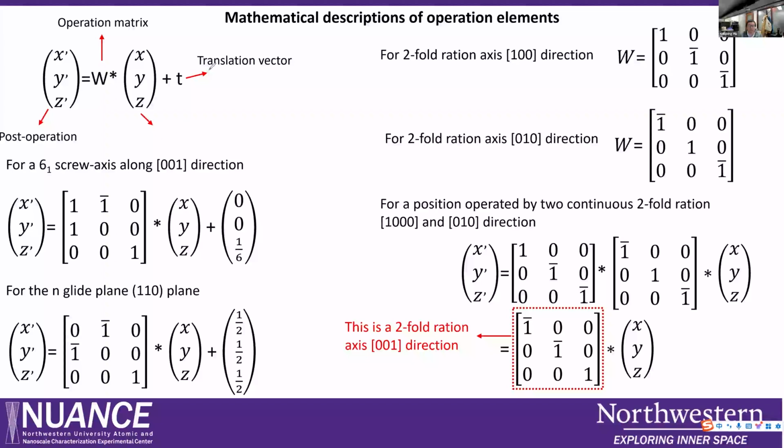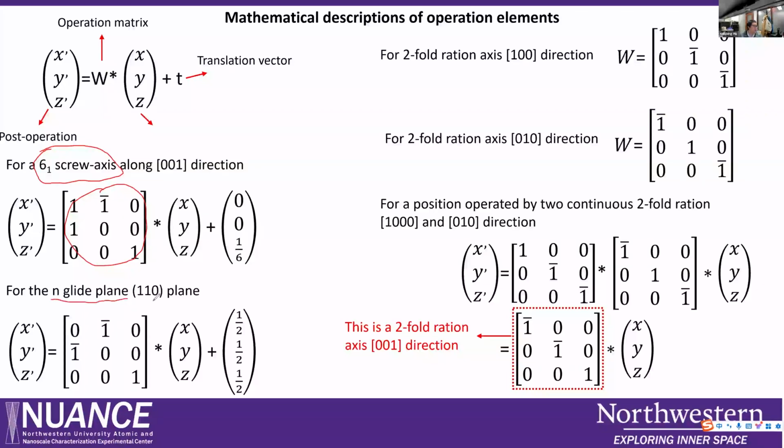You can describe this using this kind of mathematical form. For example, for the 6-1 screw axis, the operation matrix is here. You can use this to calculate: if you give the original coordinates of your atom, you will get another one.